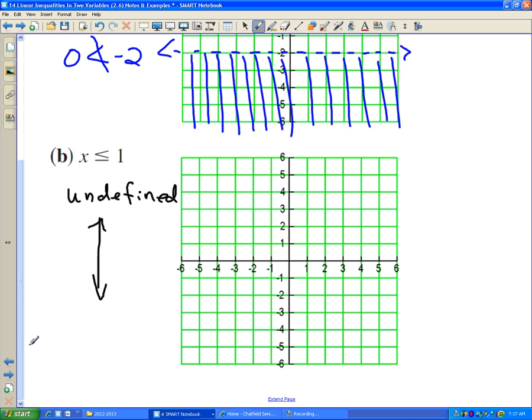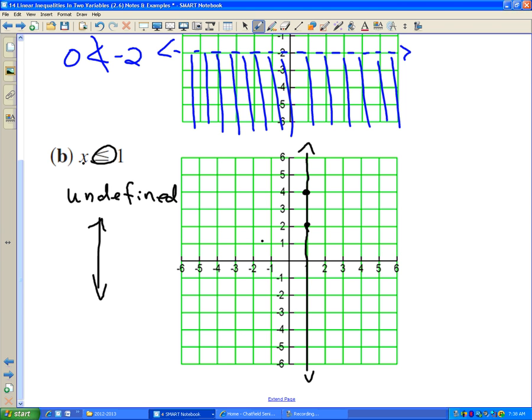Well, I do have equals, less than or equal to, so I want a solid line where x equals 1. And again, don't forget to put your arrows on the end, because the points on that line are true. The point (1, 4), if I plug in x for 1, 1 is equal to 1, so that works.